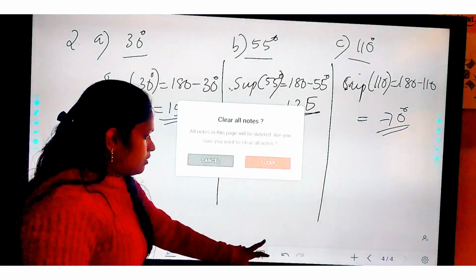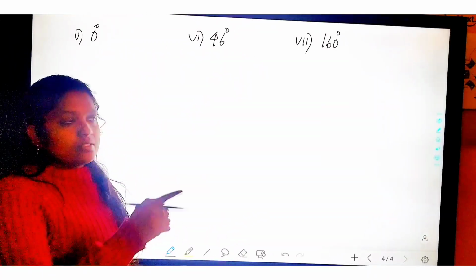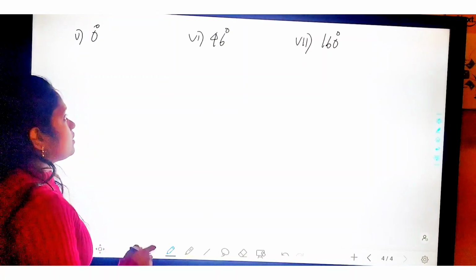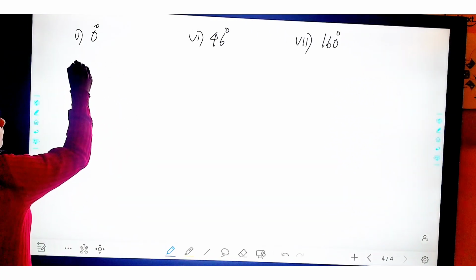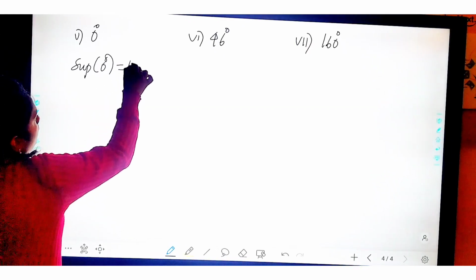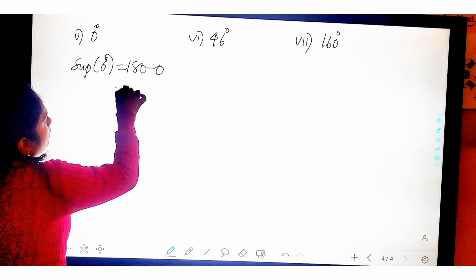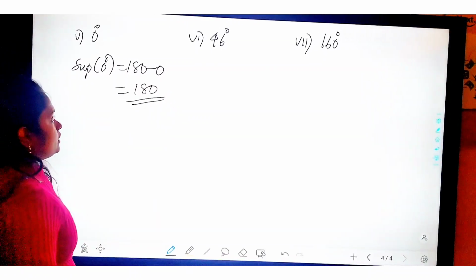The next question has three parts: the first is 0 degrees, then 46 degrees, and 160 degrees. We need to find the supplement of each angle. So we need to subtract each angle from 180 degrees, then only we will get the supplement. The supplement of 0 degrees equals 180 minus 0 equals 180. So the supplementary angle is 180.